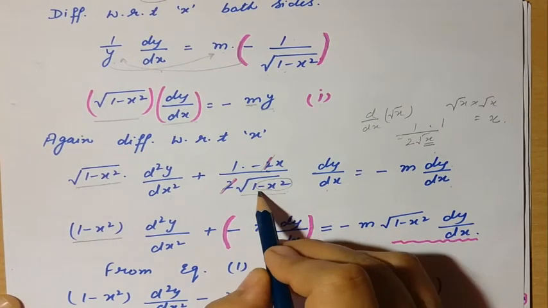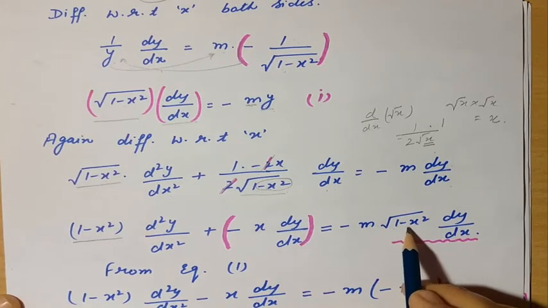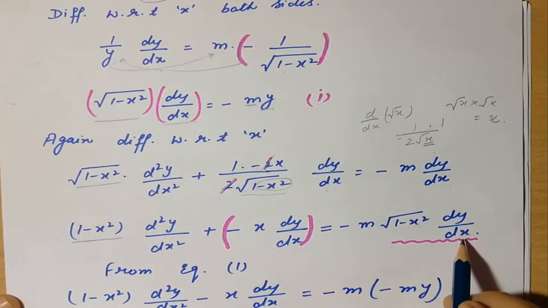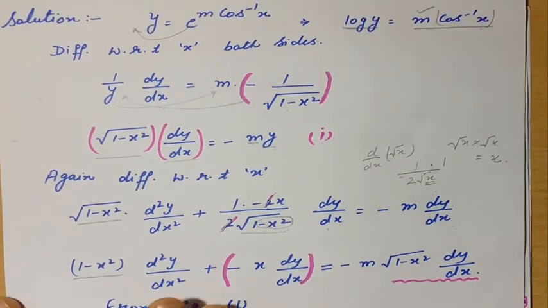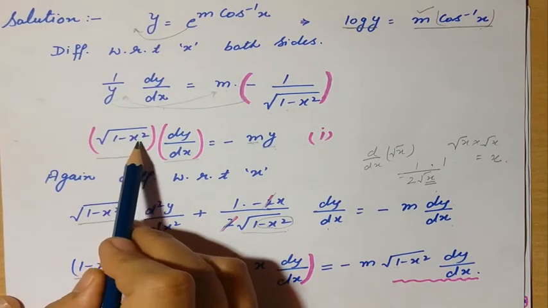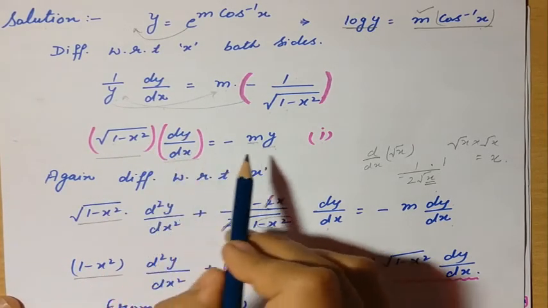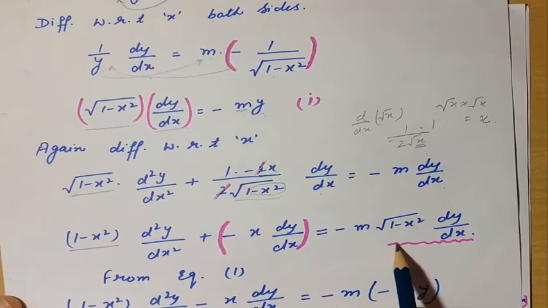When we cross multiply this term, it will be equal to minus m under root 1 minus x square dy upon dx. Now look at equation number 1. This term, under root of 1 minus x square dy upon dx, will be equal to minus my. So we will put the value for this full equation as minus my.